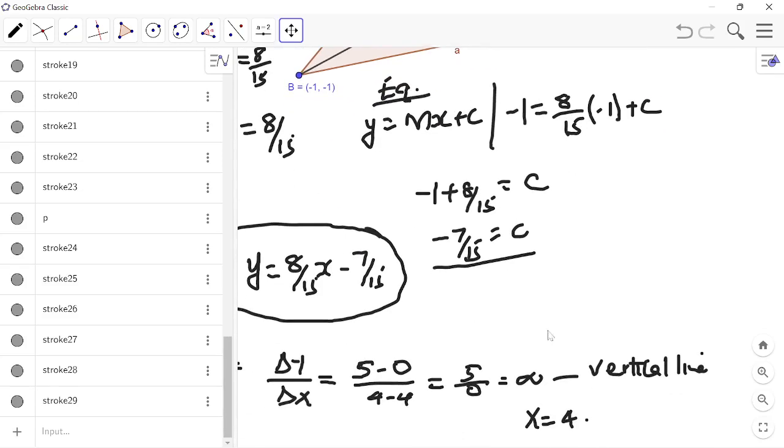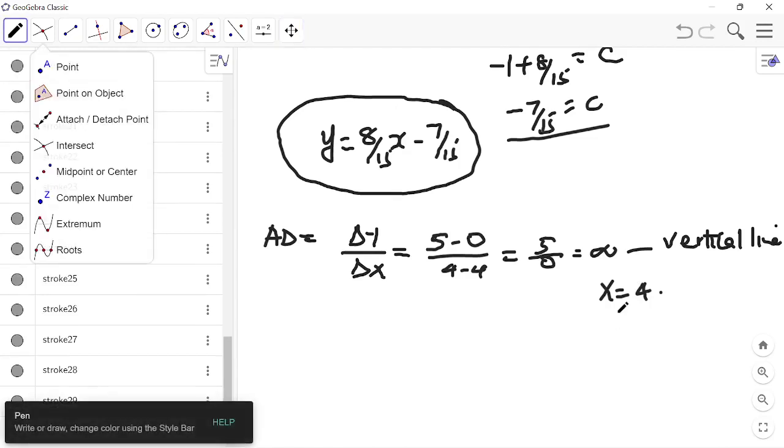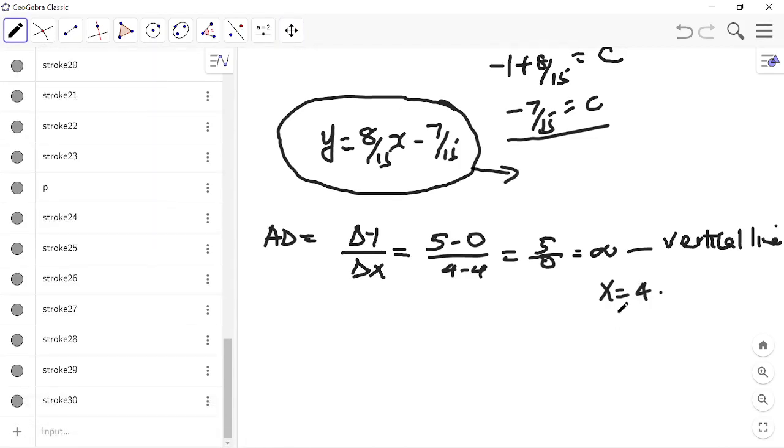So now we have the two equations. The first one was y is equals to 8 over 15 x minus 7 over 15, and the second one is x is equals to 4. So this one is our equation 1, this is our equation 2.